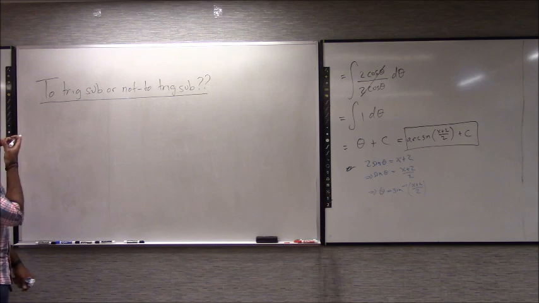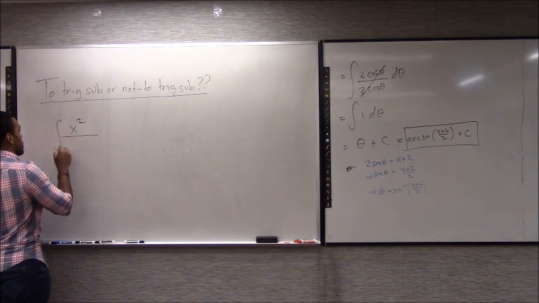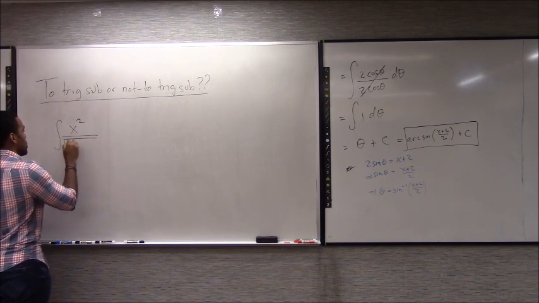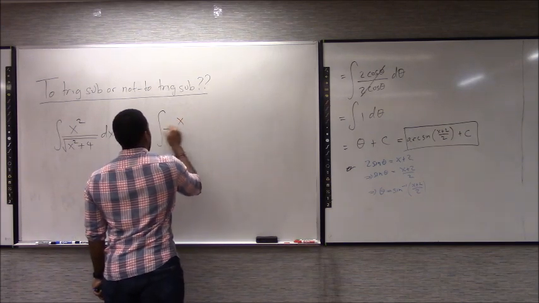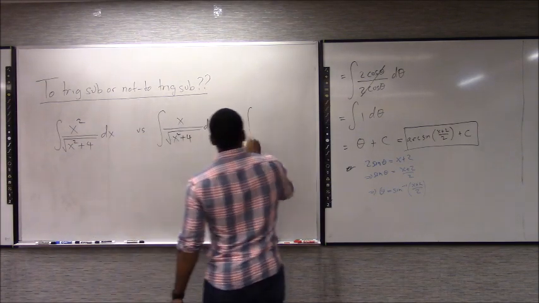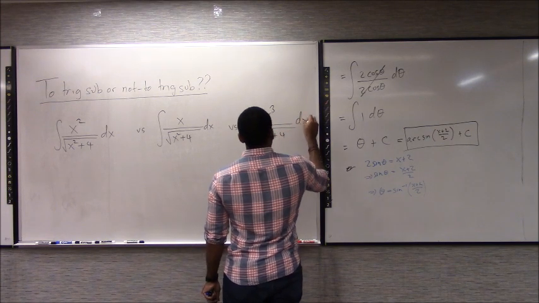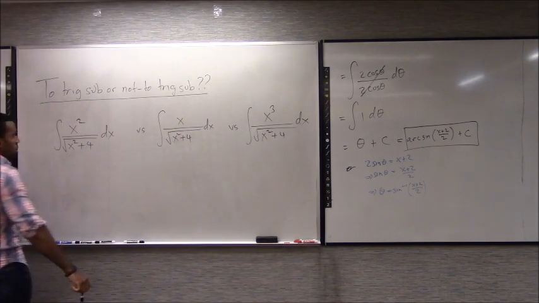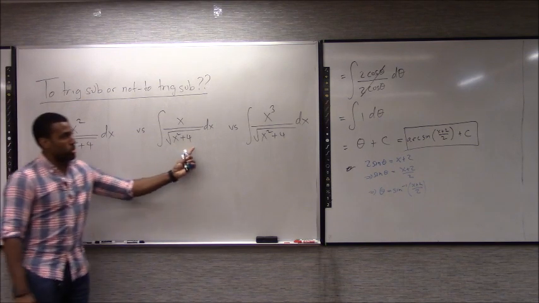So, now in all of these integrals, they actually contain the pattern of x squared plus a squared, namely in the form of x squared plus 4, which is x squared plus 2 squared.